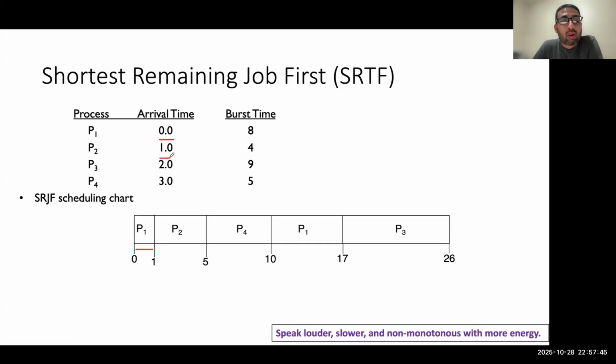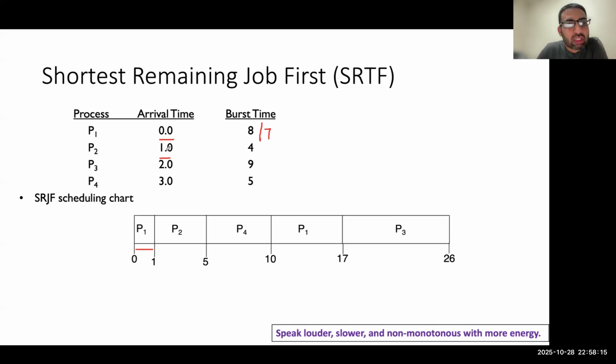Now, unlike shortest job first, we will check how much remaining time P1 has. It is 7, because it has executed for one time unit, so it has a remaining burst time of 7 time units. The other process which is ready at time 1 is process 2, and it has a burst time of 4, which is smaller than 7. So P2 will preempt P1, and P2 will be allowed to run.